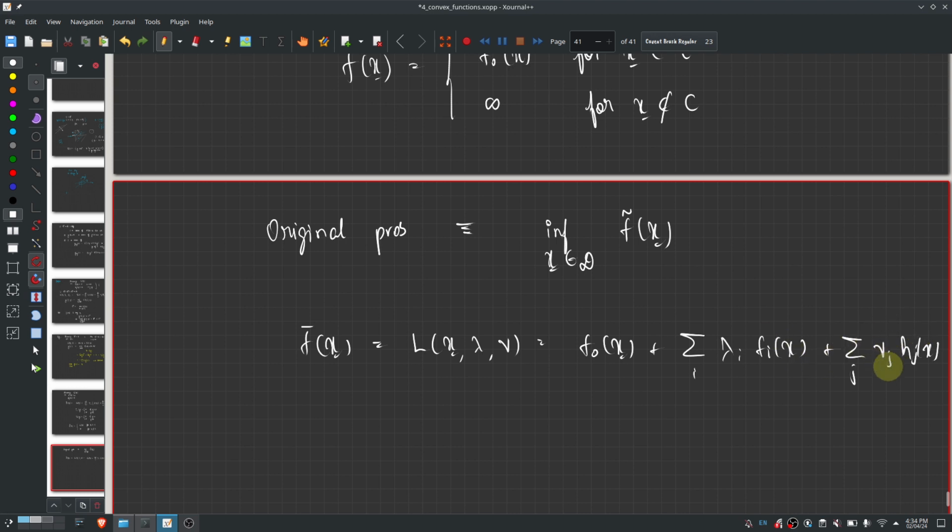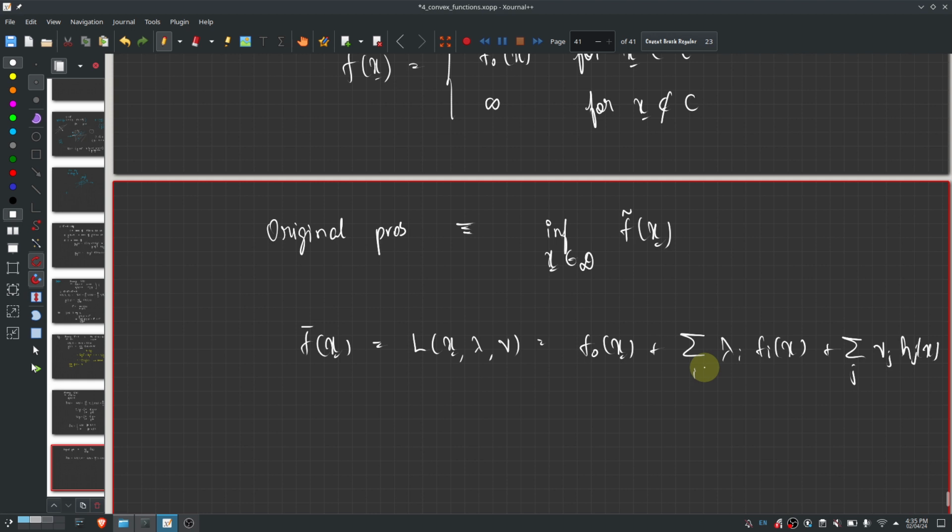Because nu j is allowed to be arbitrary, and lambda i, we assume, is always greater than or equal to 0. So if fi of x does not satisfy the constraint, that is, if lambda i is positive and fi of x is greater than 0, then obviously this penalty term keeps increasing.